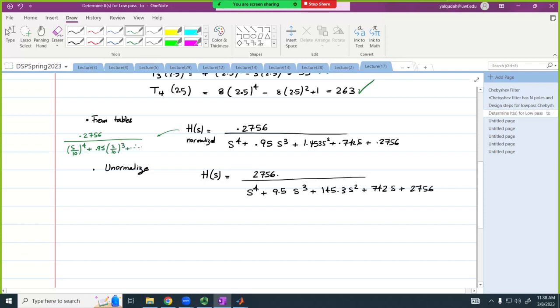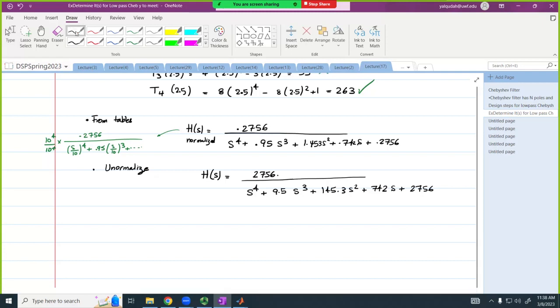And then we multiply numerator and denominator by 10 to the 4. So I'm going to end up multiplying the numerator by 10 to the power of 4. So the 0.2756 is going to become 2756.